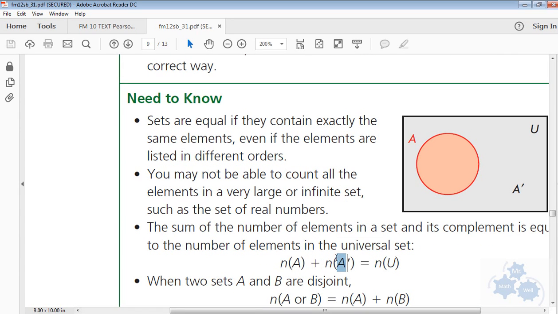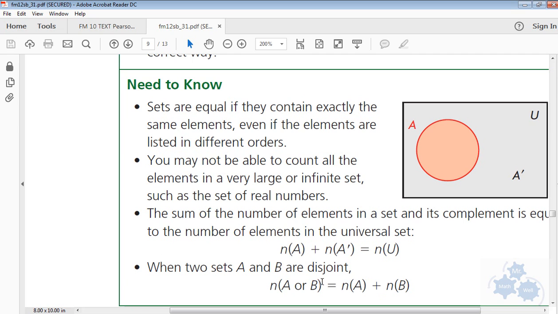This little n, n(A), literally means the number of elements in set A. You see these little n's all over the place. It means the actual literal number of elements. You're not listing the elements, you're just counting them.